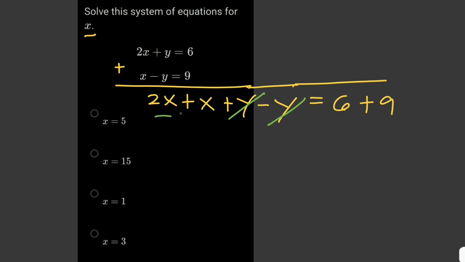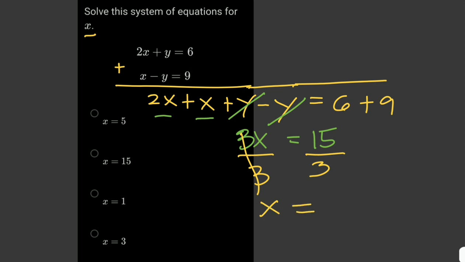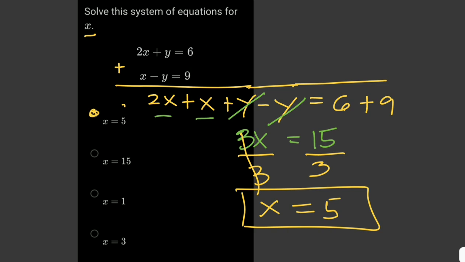Then we have 2x plus x, which is just equal to 3x, equals 6 plus 9, that is 15. Then we divide both sides by 3 to eliminate 3 on the left. Then we get the value of x, which is 15 over 3, which is equal to 5. So the answer here is x equals 5, this one.